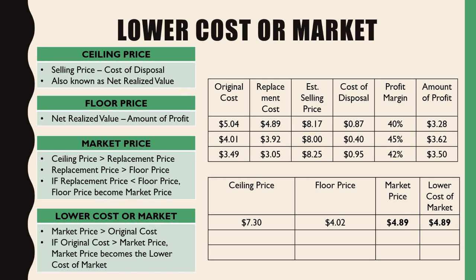If I have an original cost of $4.01 per item, and the replacement cost is $3.92, my selling price is $8, and my cost of disposal is 40 cents. My amount of profit is 45%, which should yield me $3.62 profit. So how do I determine the ceiling price?